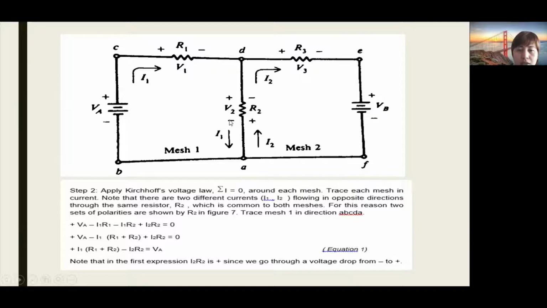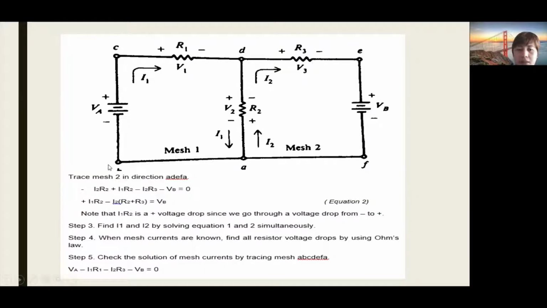So here, negative to positive, and then the I2 is here, it's going up. So it becomes positive, because it's going to the direction of the terminal, negative to positive.